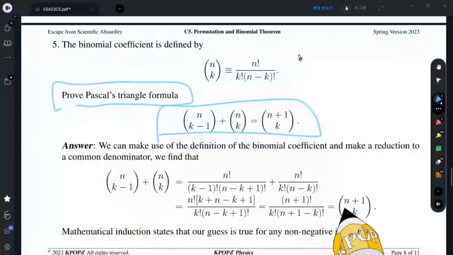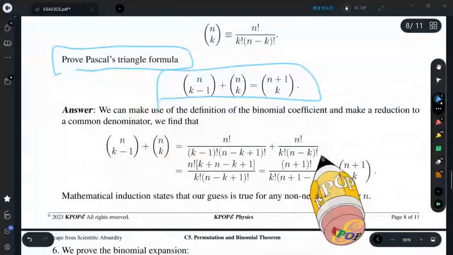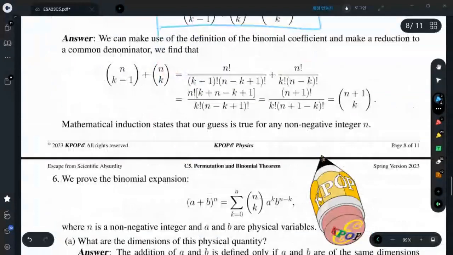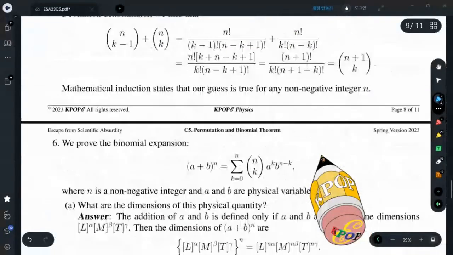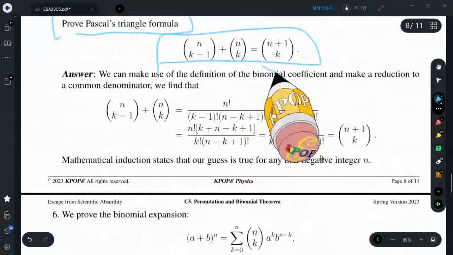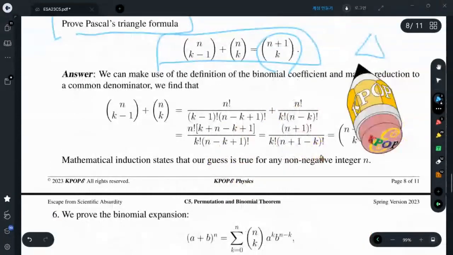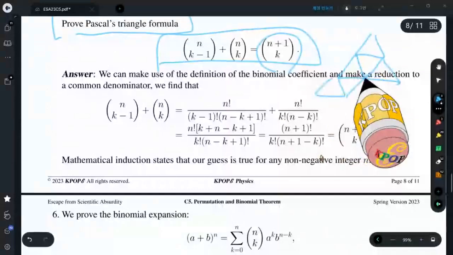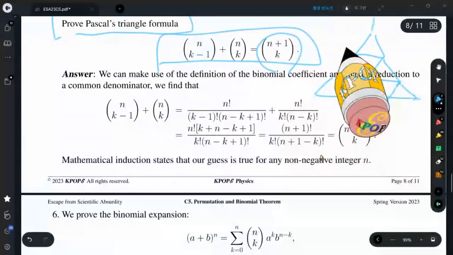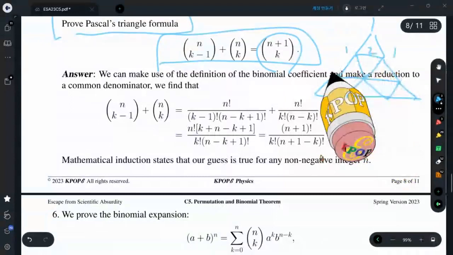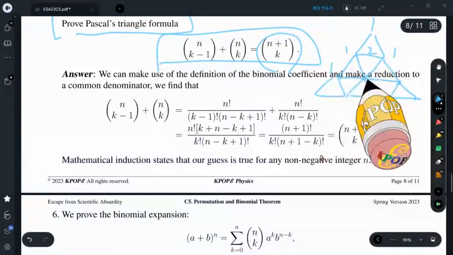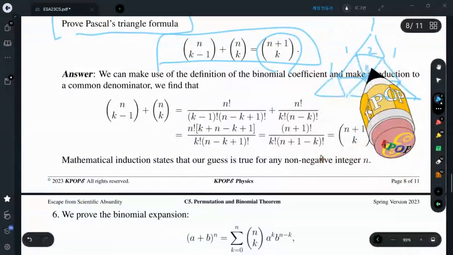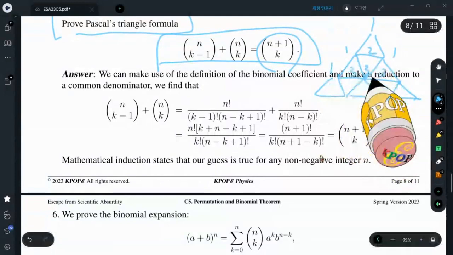This is the proof of the Pascal's triangle formula by applying mathematical induction. If you are able to prove this, that is Pascal's triangle. You learn this, right? 1; 1, 1; 1, 2, 1; 1, 3, 3, 1.